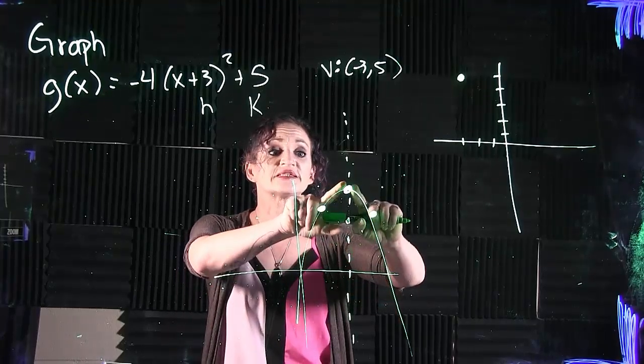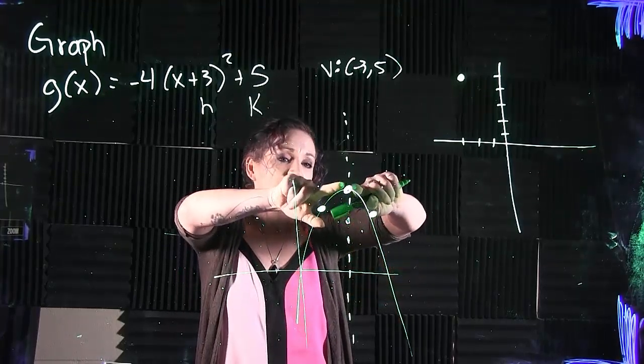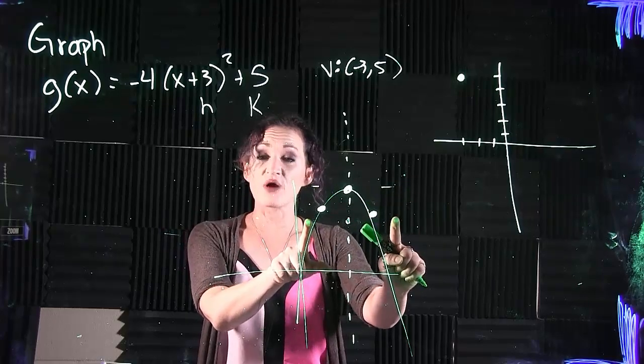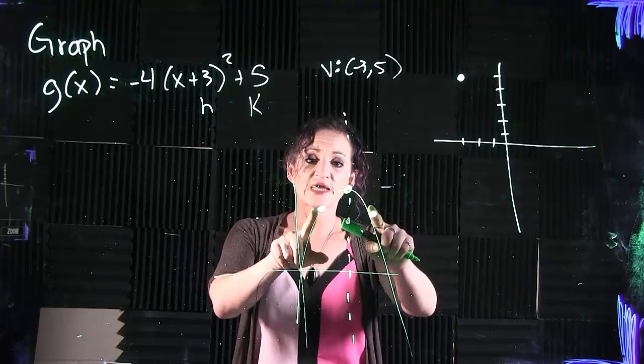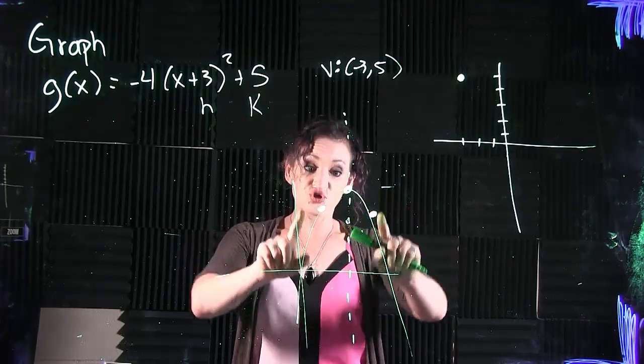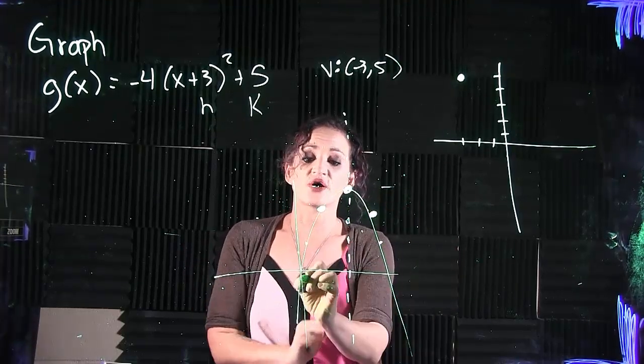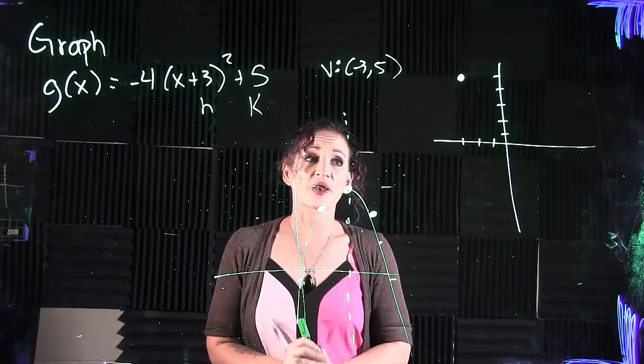They should always be the same distance outward and the same distance down on either side, and that's always going to be true for quadratic equations. The next 2 points should match up with each other, and so on like that.